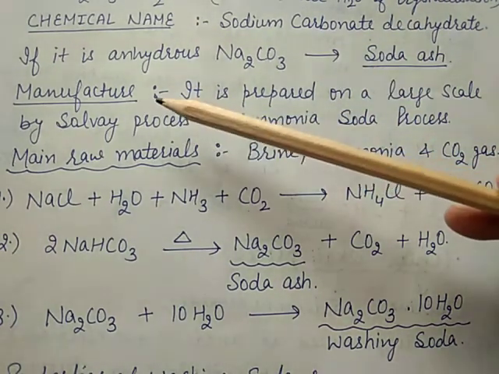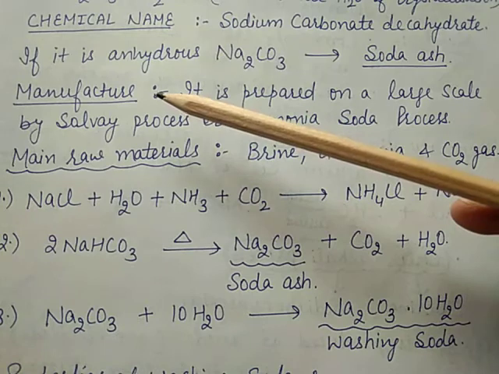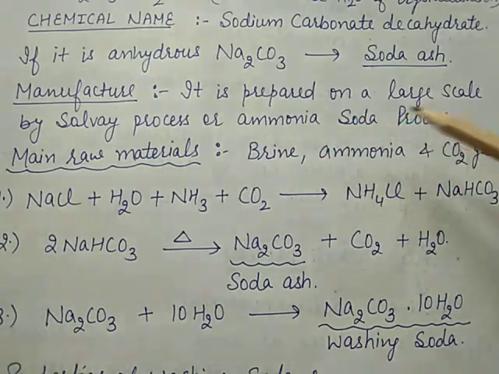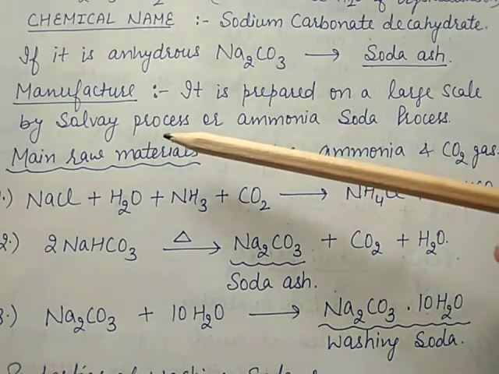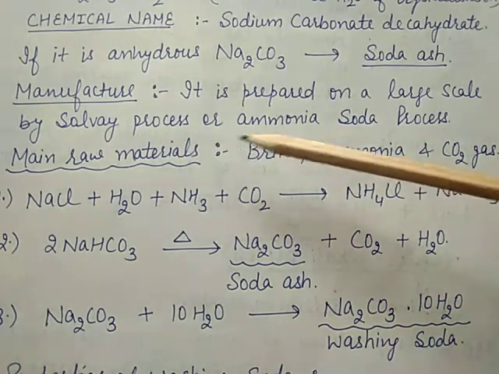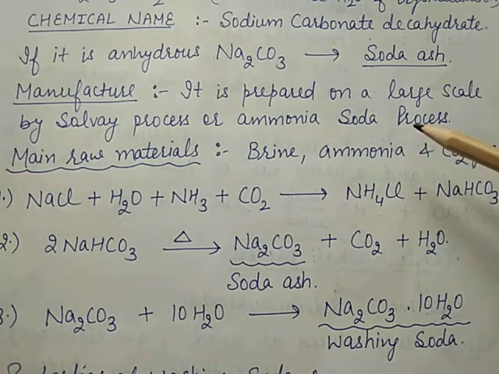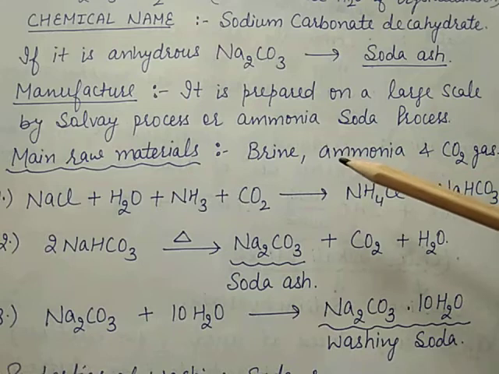Now, next is the manufacture of washing soda. Washing soda is prepared on a large scale by the Solvay process or ammonia soda process. How is it prepared?